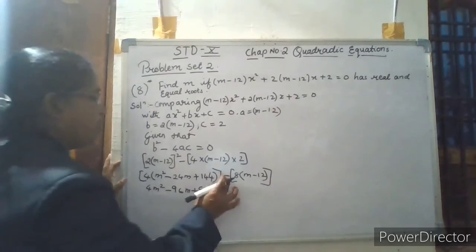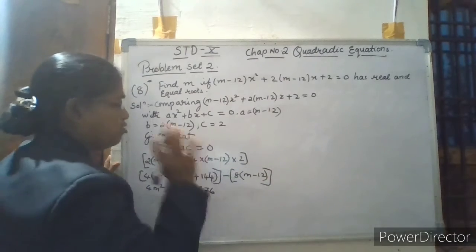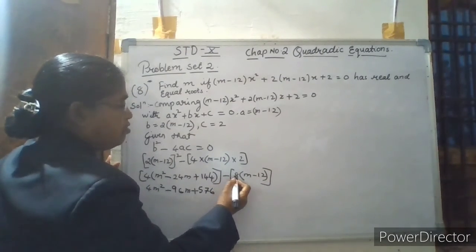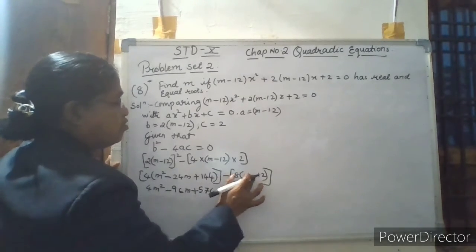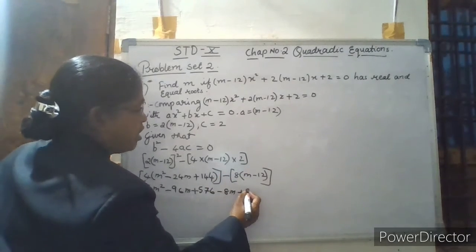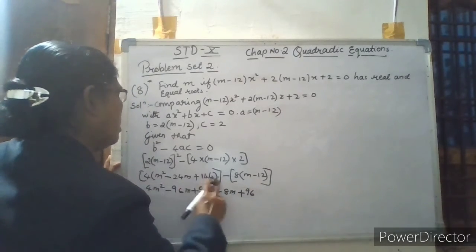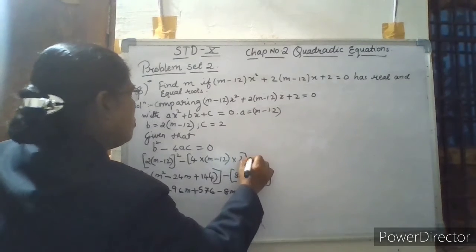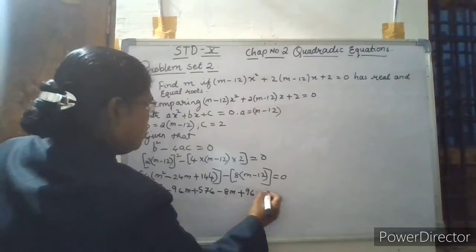Now open this bracket. We will multiply and open also. 8 into m is 8m, plus into minus is minus 8m. Then minus into minus, you will get plus here. 8 12s are 96. Now, we had taken this all like this way. This is equal to 0. I did not write equal to 0.